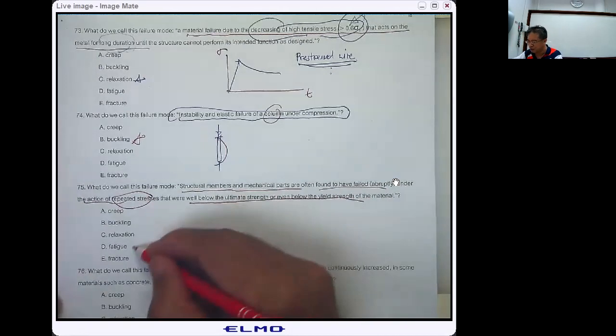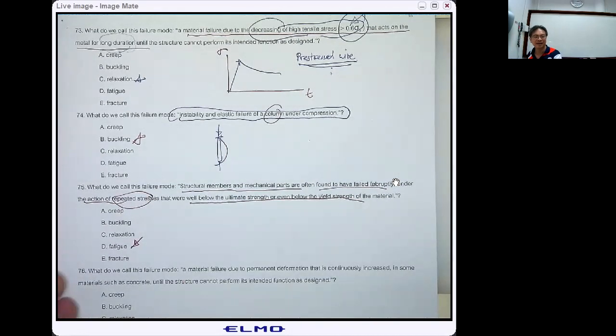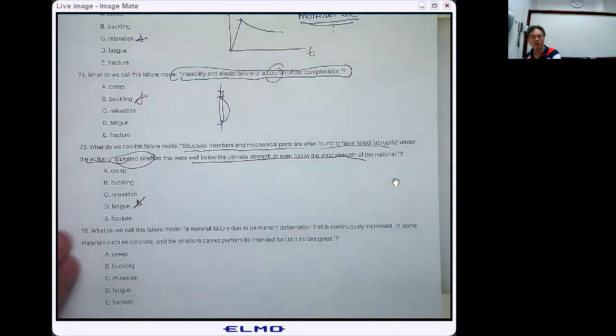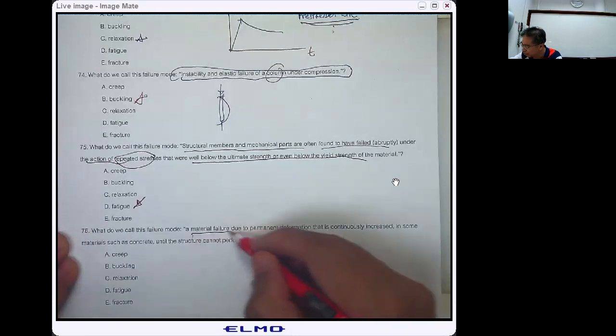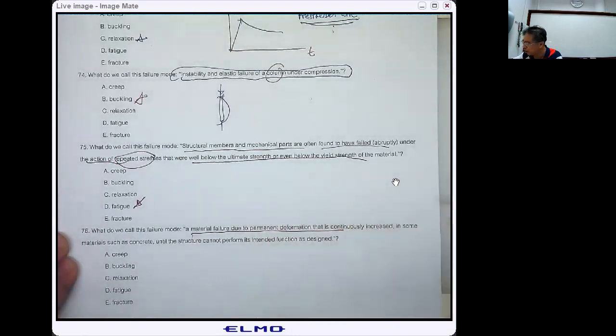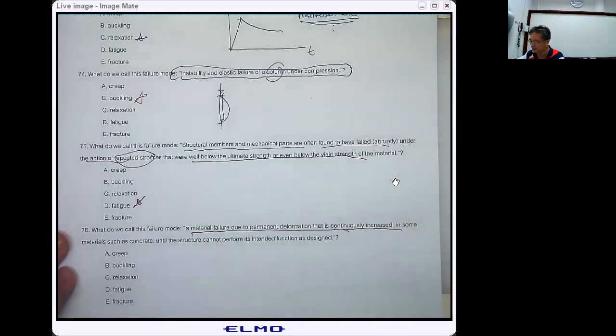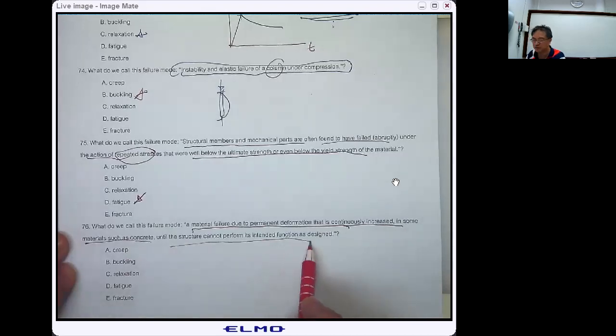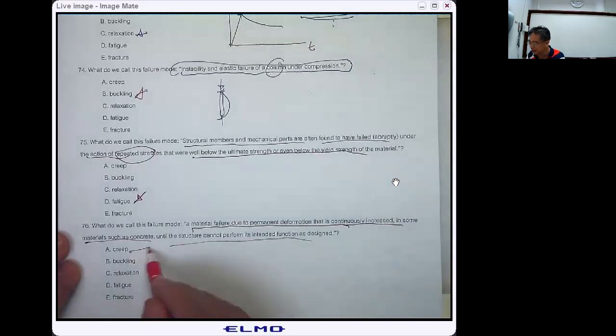This is called the fatigue. And then the last one: what do we call the mode of failure when the material fails due to permanent deformation that continuously increases in some materials such as concrete until the structure cannot perform its function as designed? This is going to be the creep.